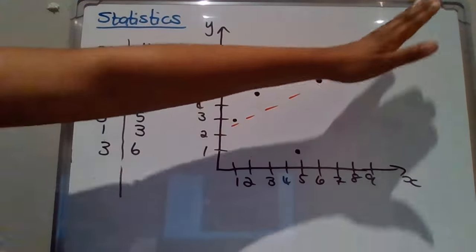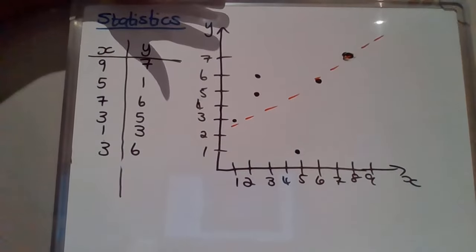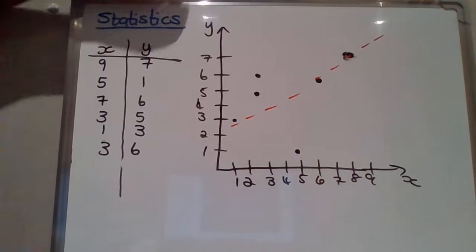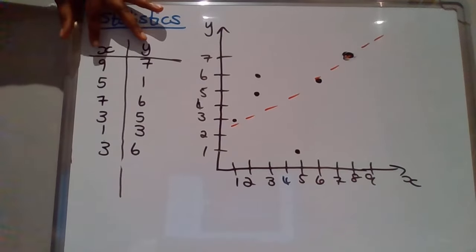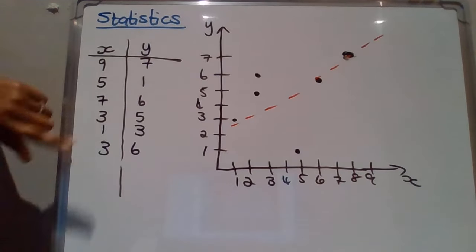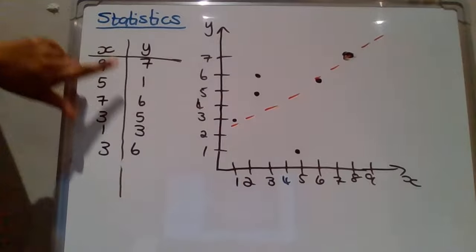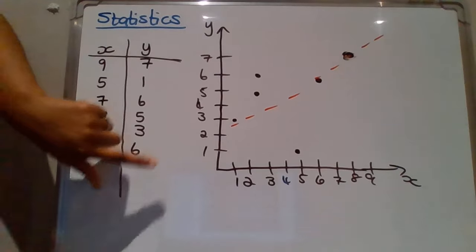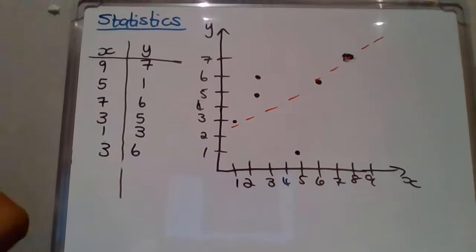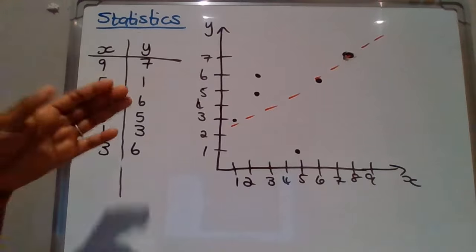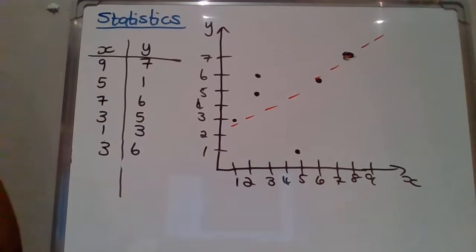If it's going this way, it's telling me there's a positive correlation, which tells me there's a relationship between the two values. So as the number of days that they attend increases, the performance improves. That's how you draw conclusions when you're using a scatter plot.